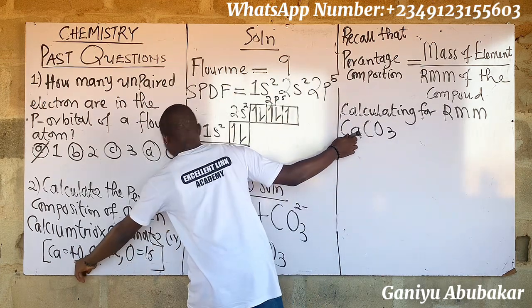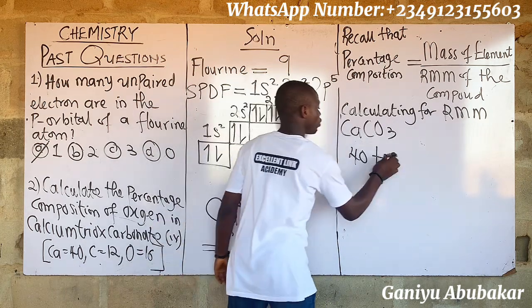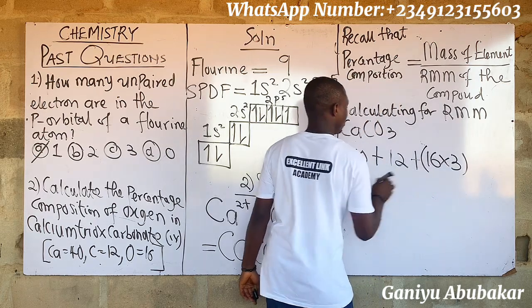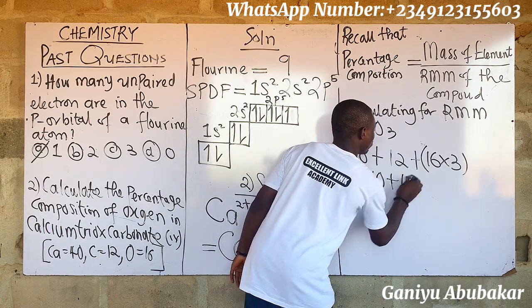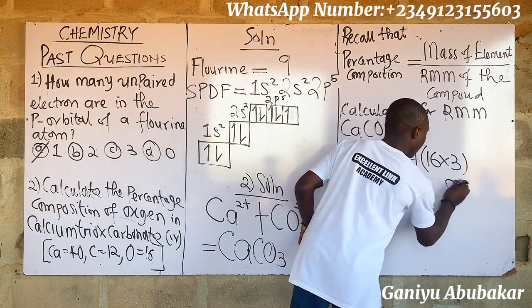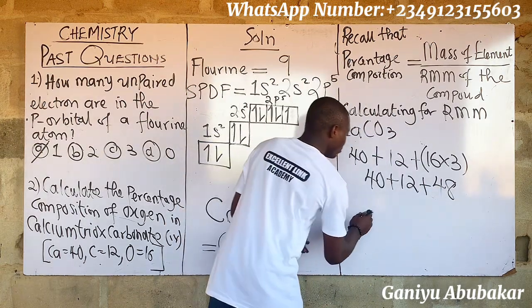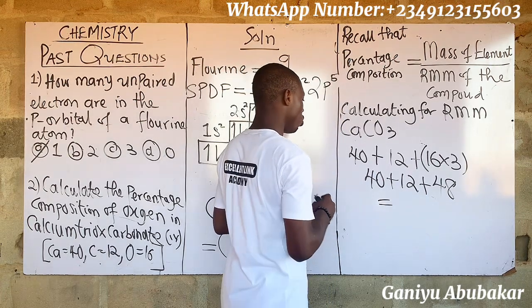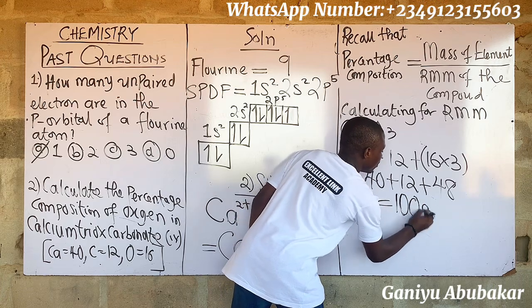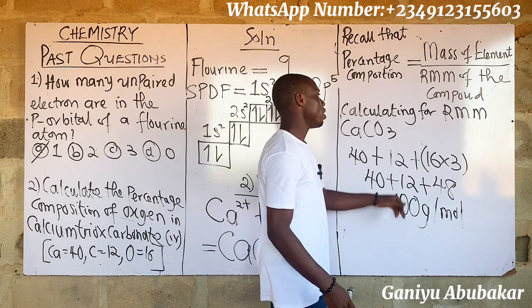Calcium is 40, plus carbon is 12, plus oxygen is 16 times 3, which is 48. Add them together: 40 plus 12 plus 48 is 100 grams per mole. This is my calculated relative molecular mass.